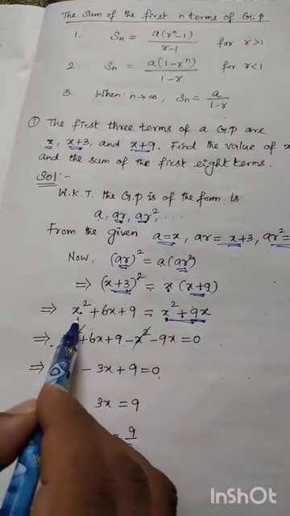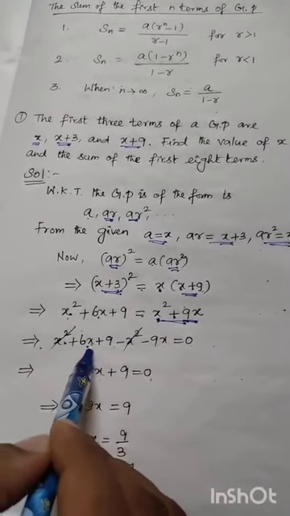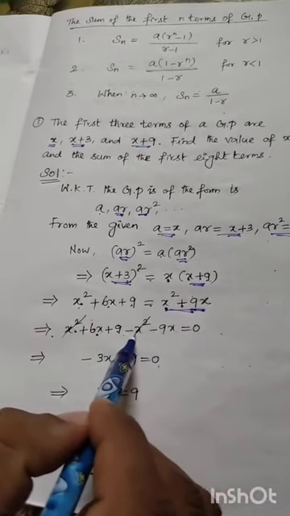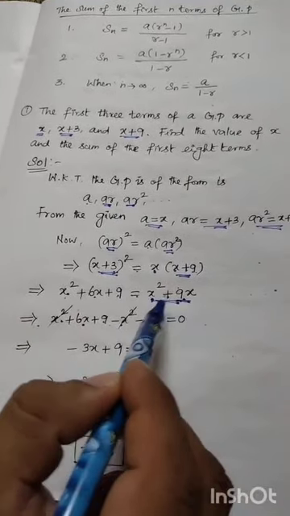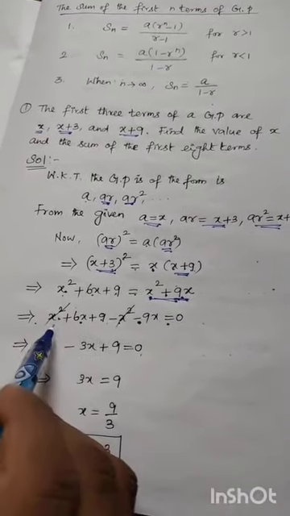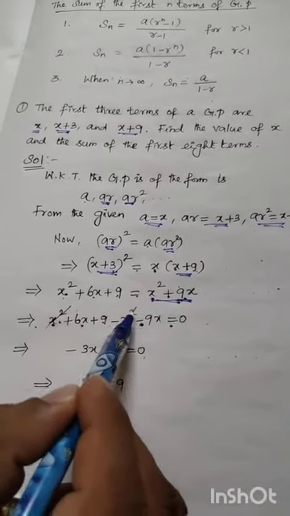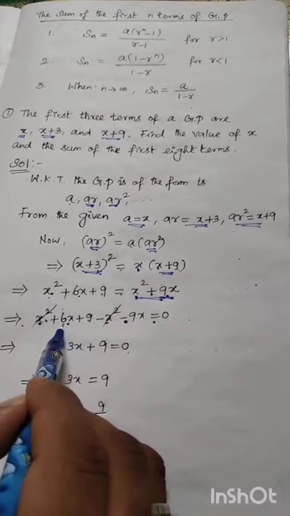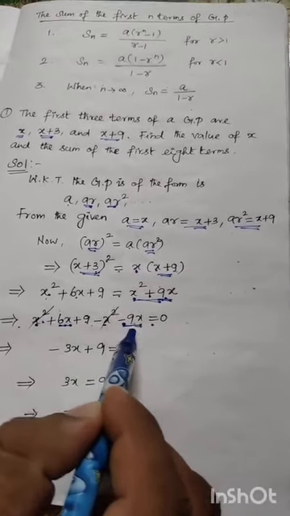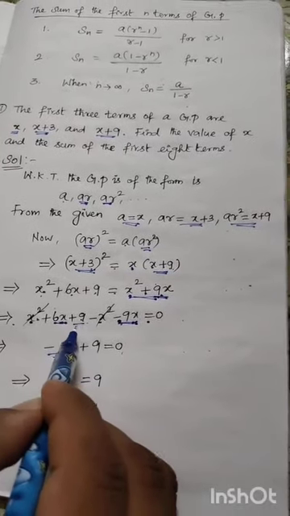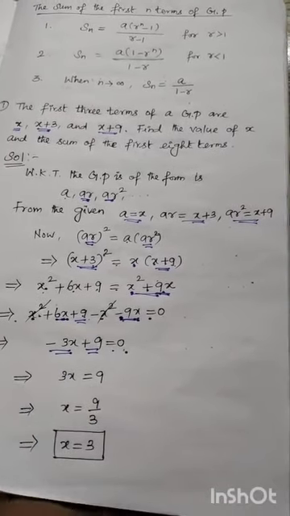We get x square plus 6x plus 9 minus x square minus 9x is equal to 0. The x square and minus x square cancel. Here we have 6x and minus 9x. So 6x minus 9x is minus 3x, and we have plus 9 is equal to 0.